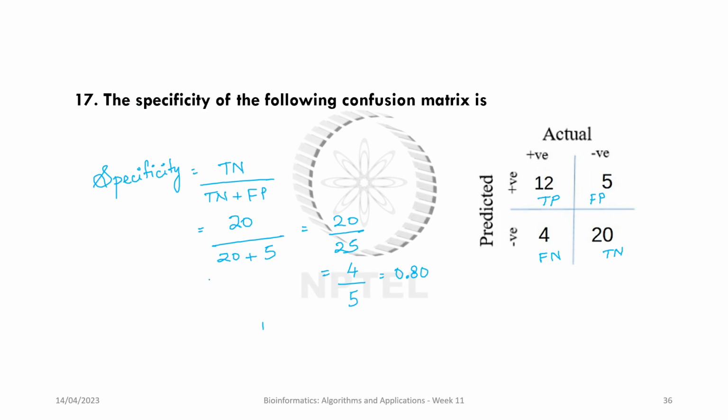Okay, Rohini, I think you mean specificity is true negatives by true negatives plus false negatives. But that's not the case because it's false positive here. Or am I making a mistake? Specificity is true negative by true negative plus false positive. This is true positive, true negative, and false positive.